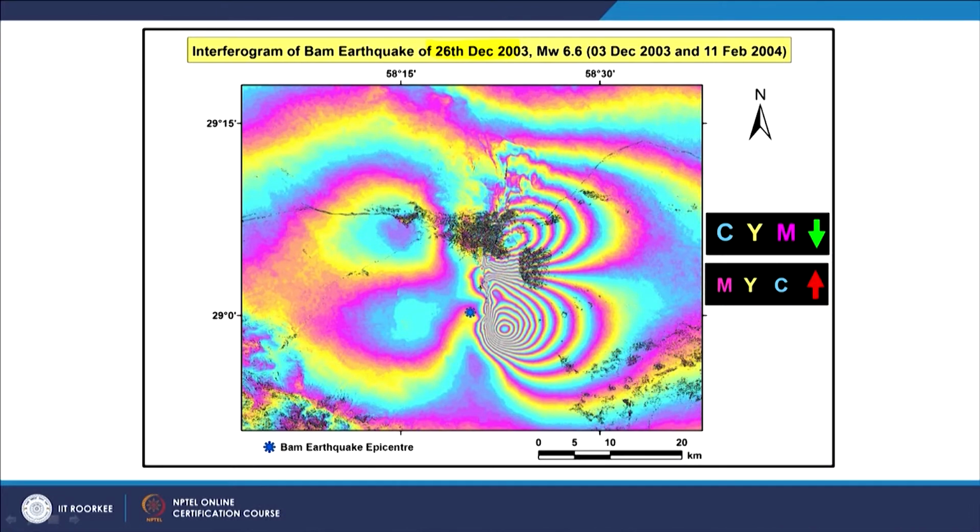Now, there is one coherency part I would like to also discuss. What you are seeing here, these speckle, black dots, are the incoherent areas, and also on the edges in the southeast or southwest direction you are seeing clustered black dots.